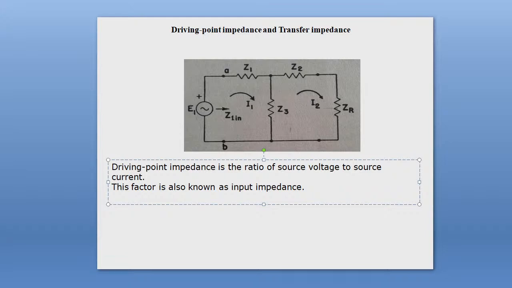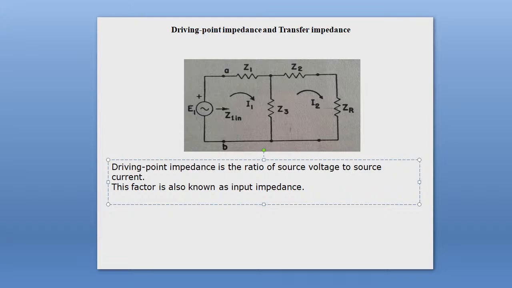You see, everyone see the given circuit. This circuit has two loops, and for the input loop there is a source voltage, denoted by E1.